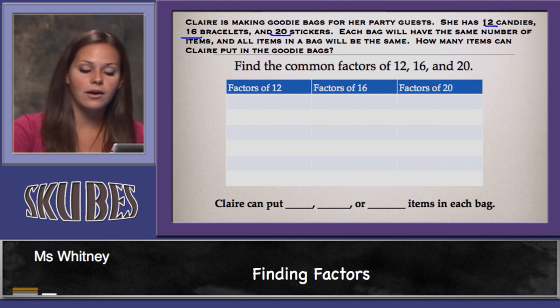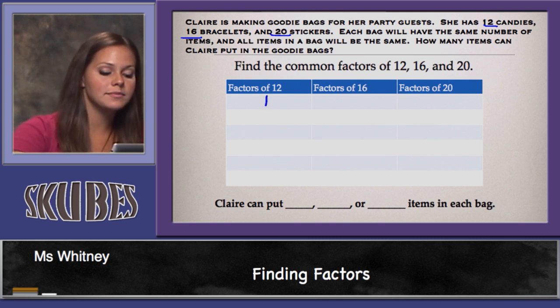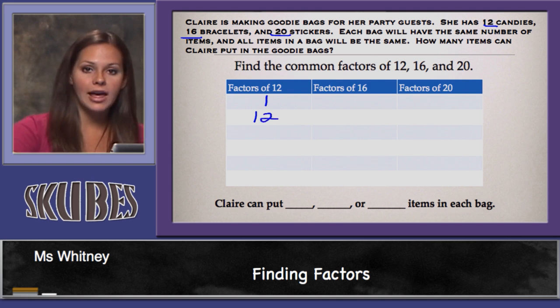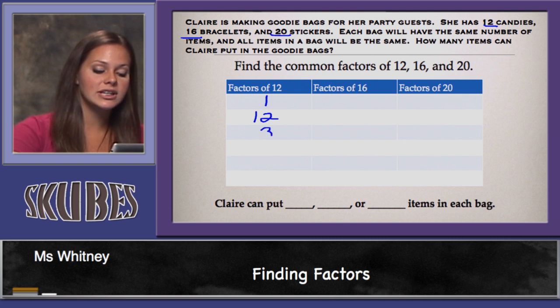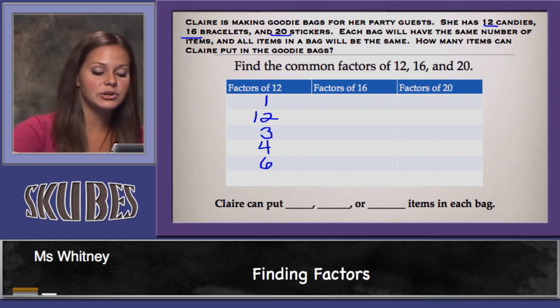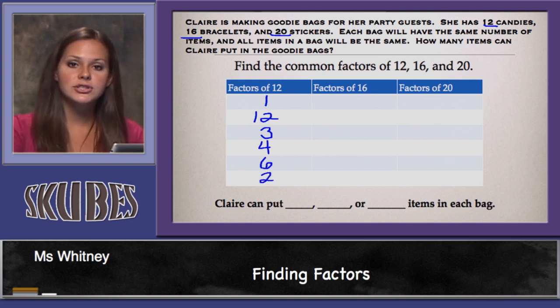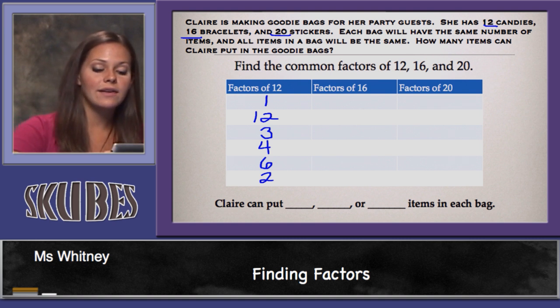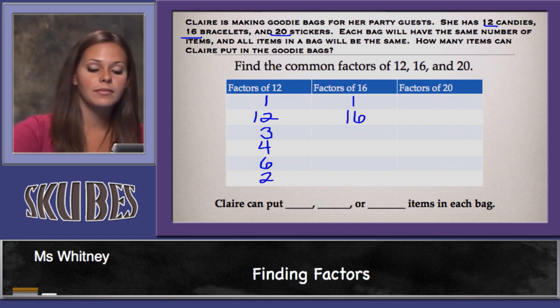Let's list the factors of 12. I know that 1 times 12 is 12, so 1 and 12 are factors of 12. I can multiply 3 times 4 to get 12, so 3 and 4 are factors of 12. And I can also multiply 6 times 2 to get 12. So 6 and 2 are factors of 12. When I find the factors of 16, I know that 1 times 16 is 16.